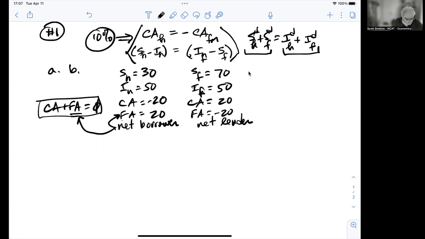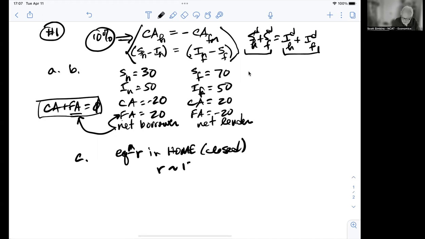So that's part B. Part C asks, if the home country originally was a closed economy and then opened to trade with other countries, what happens? The equilibrium real interest rate in the home country, if it was closed, is where desired investment and desired saving come together. That real interest rate is about 13% in the diagram on the exam.